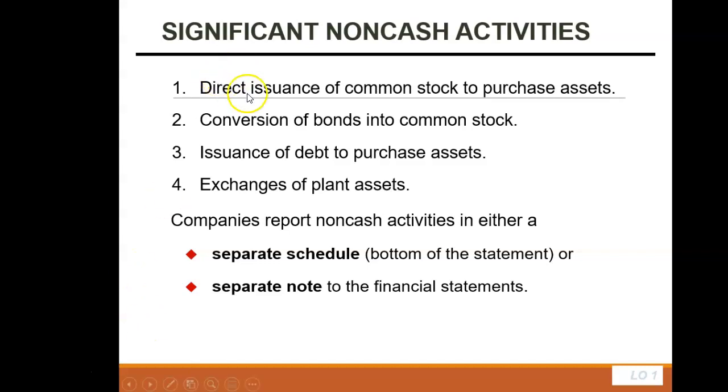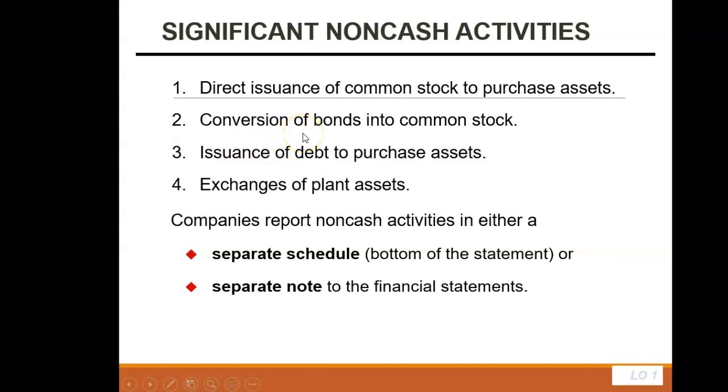For example, direct issuance of common stock to purchase assets. So a company exchanges stock for, say, a building; that's a significant non-cash activity. We're going to disclose this information at the bottom section of our statement of cash flow.